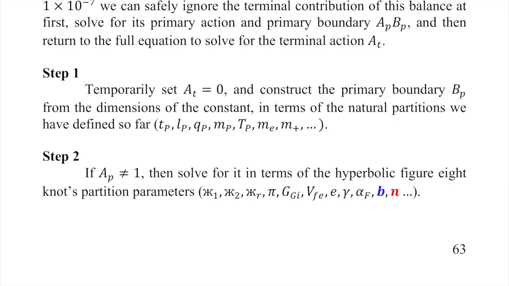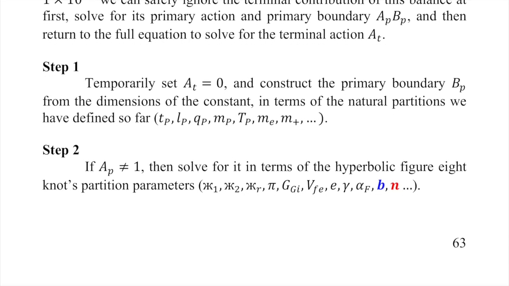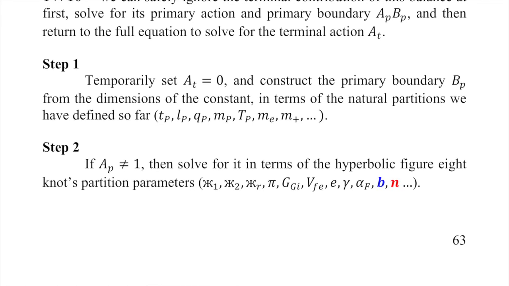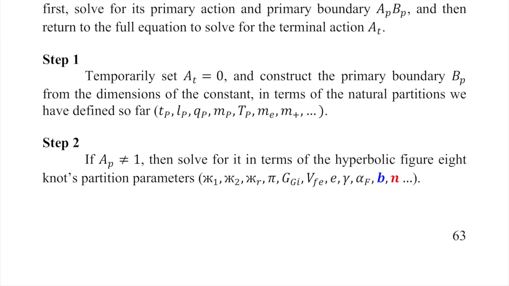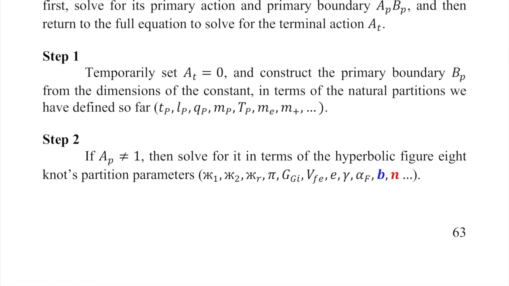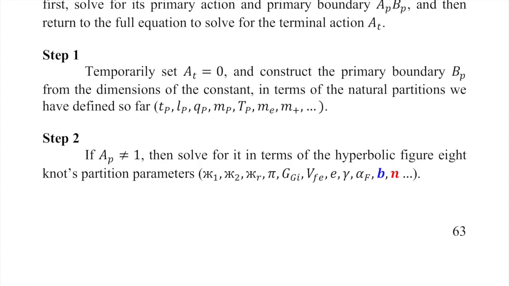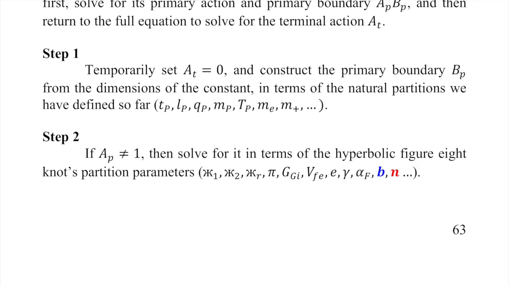There's some element that's not unitary. There's some other geometric part playing a role, and you need to solve for what it is. And that other part has to be constructively composed, of course, of the figure 8 knot's partition parameters. So we have a list so far of those parameters, so you can go look at those lists and then simply solve. Find the simplest geometric description of what's going on using those parameters.